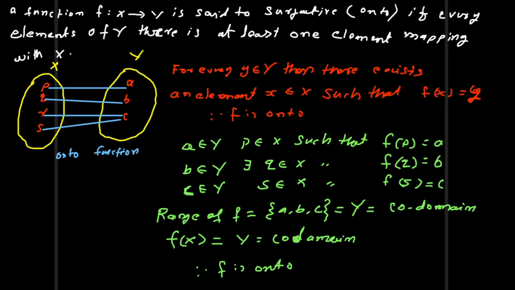You can use either of these two ways: you can show the given function is surjective, or you can show f of x equals y, the codomain, then also f is onto. Okay, clear? Then the last one is a bijective function.